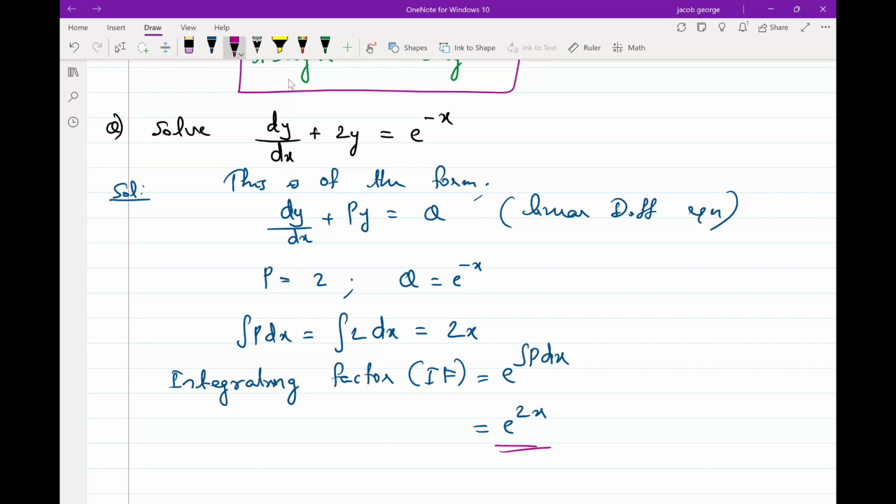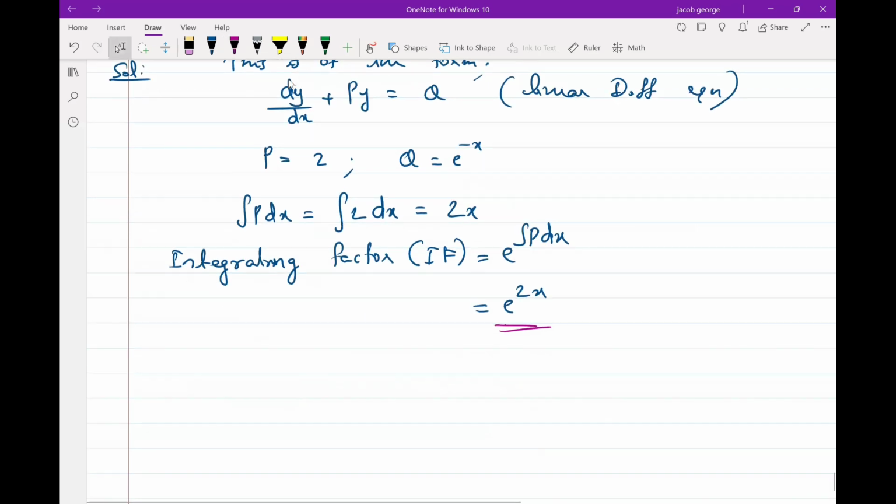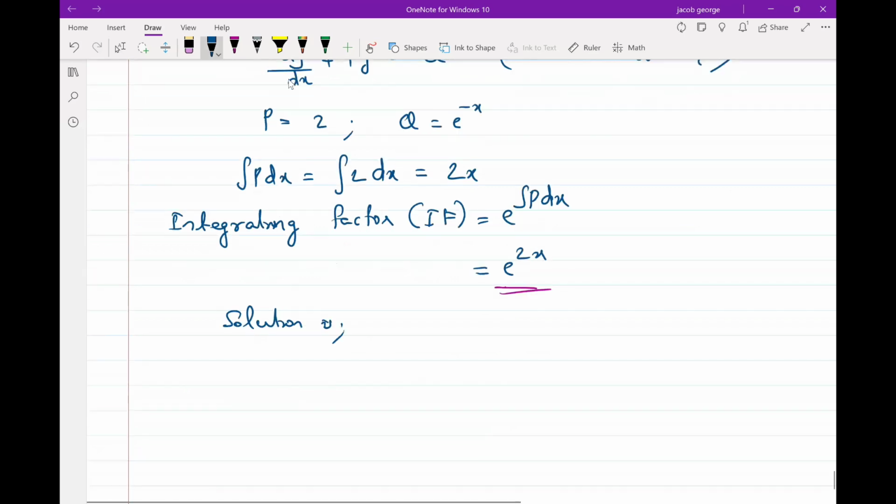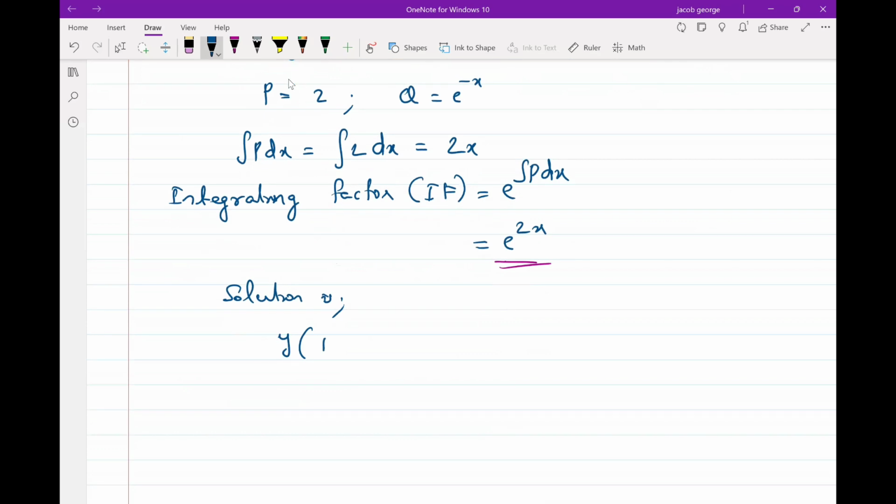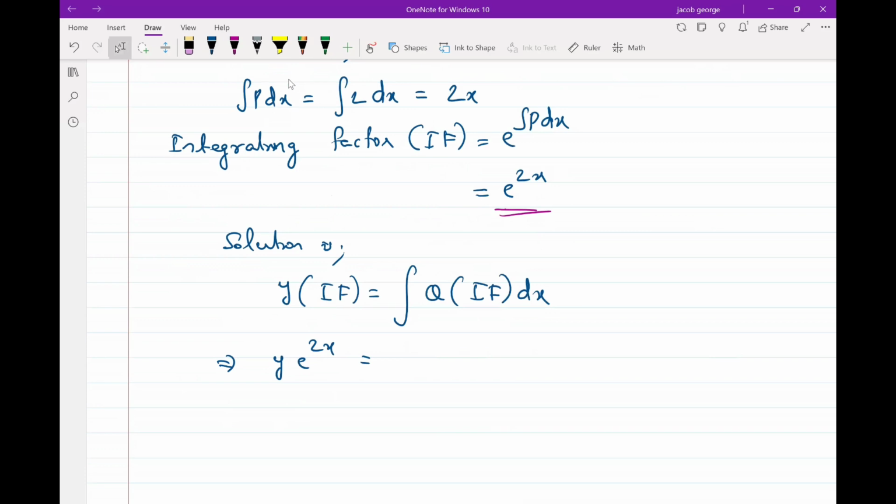In MCQs, this part alone may come: find the integrating factor, e raised to integral p dx. Now, for solving, we have the last step. What is the solution for the first type? Y into integrating factor is equal to integral q into integrating factor into dx. On the left hand side we get y into e raised to 2x. Here the integration is done already, so no extra steps for the left hand side.